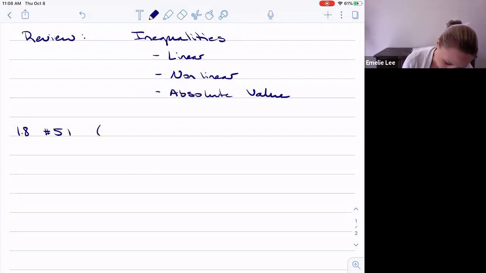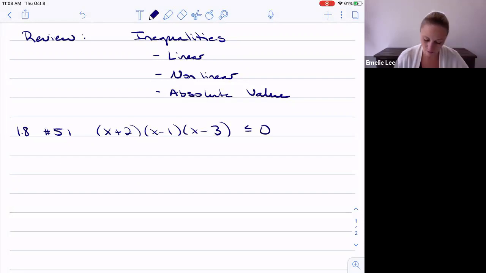So 51 had x plus 2 times x minus 1 times x minus 3 is less than or equal to 0. One heads up is if we expanded this, our highest power of x would be x to the power of 3, which we're not really having to deal with in this course. I've sort of promised that already. But if it is factored like this, then we can easily use those factors, and we can still solve this inequality.